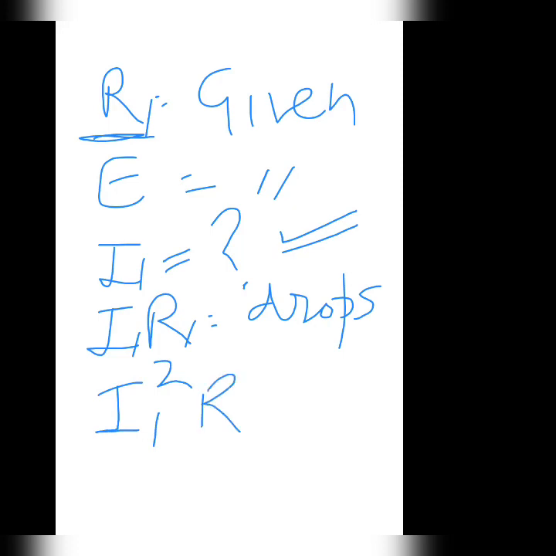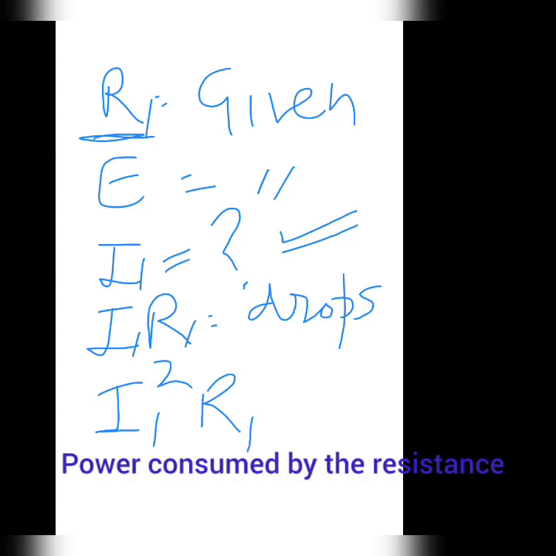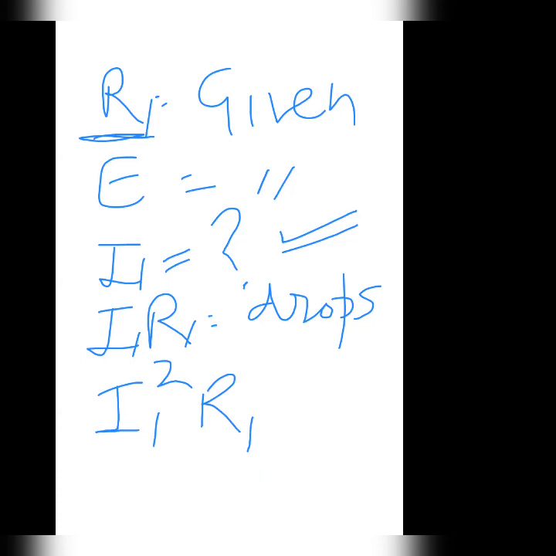So if I1 is the current and R1 is the resistance, then the power which is associated can be this. So this is the power consumed by the resistance. Okay. So these are the possible types of questions and expectations from the numerical.